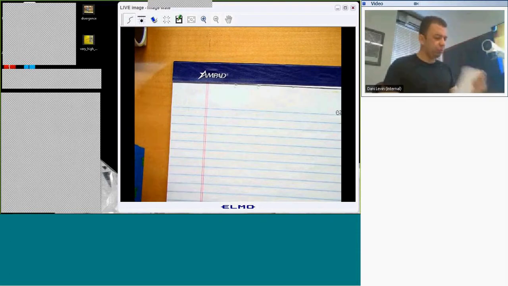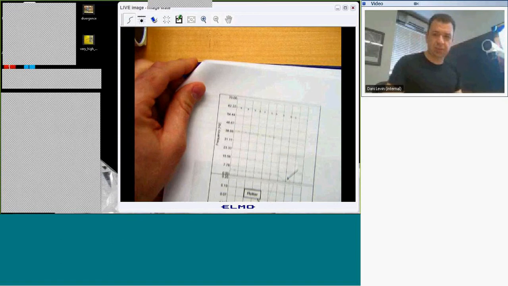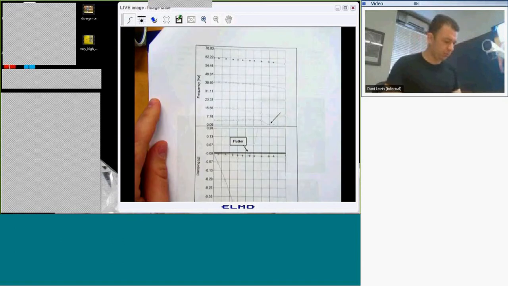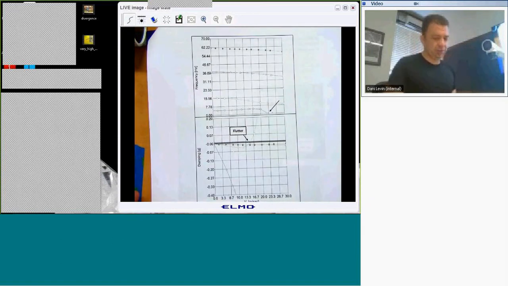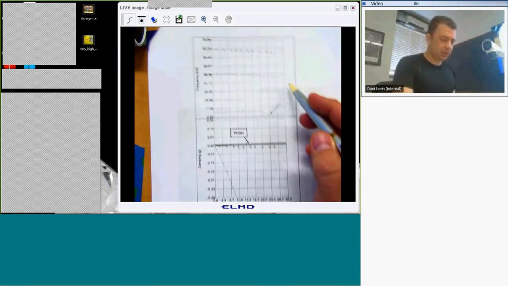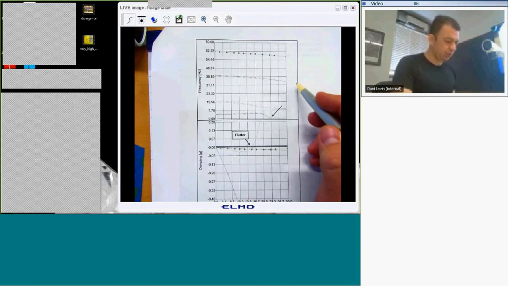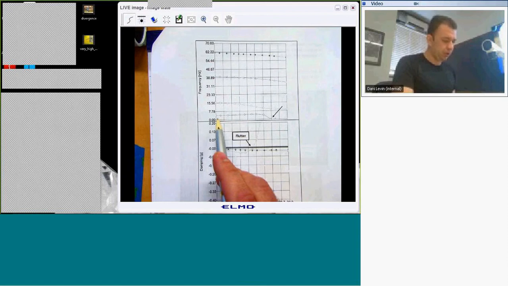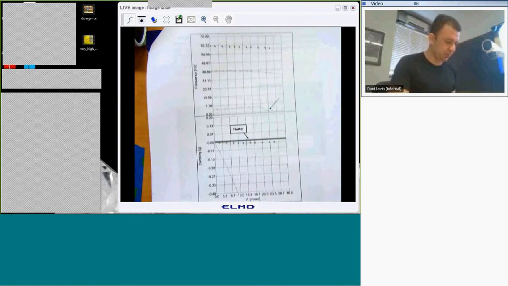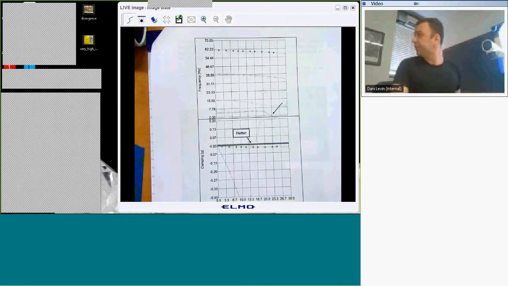The output of the flutter analysis is this graph. It's called the VG plot. The VG plot is a really standard way to represent our flutter results. The upper portion of this plot shows our structural modes, which vary with airspeed. Airspeed is on the axis, and the frequency of the structural mode is on the other.